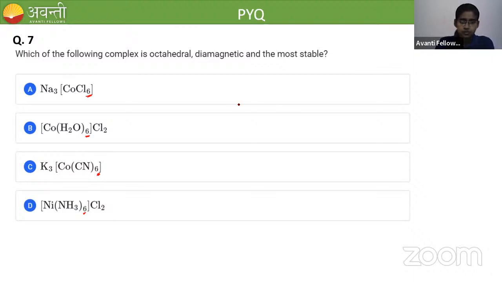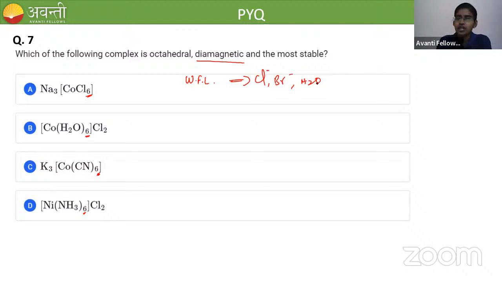Now we have to check the magnetic property. We have 2 different magnetic natures, one is paramagnetic and the other is diamagnetic. Mostly, all complexes containing weak field ligands are paramagnetic in nature. So, which are the weak field ligands? Mostly the halogens, Cl minus, Br minus, and H2O.